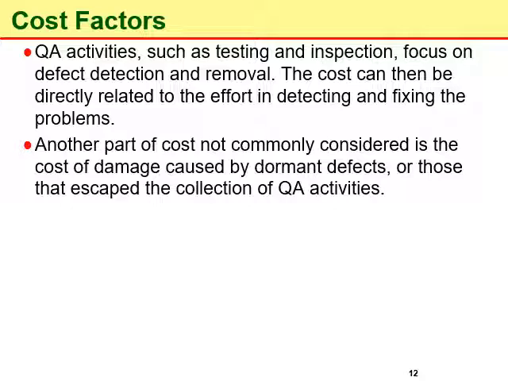Therefore, we focus on the costs related to the effort to prevent fault injection. For the case of fault tolerance and failure containment, the cost includes three parts. That is the operational costs, implementation costs, and failure or accident costs.